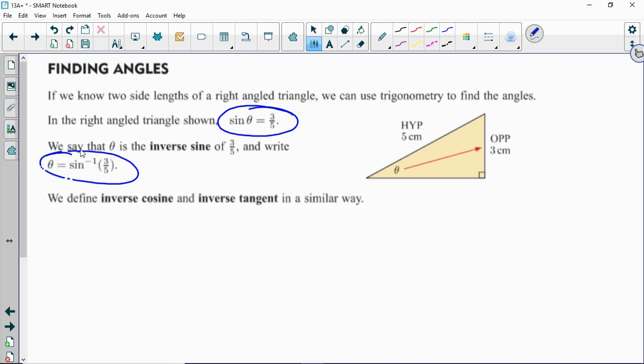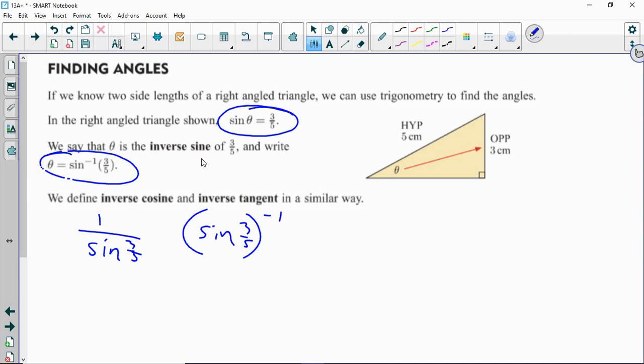Let's talk about this notation really quickly. That is not an exponent of -1. We will never write an exponent of -1 over a trig function. If I wanted to use an exponent of -1, I would just write 1 over the sine of 3/5. Maybe you'd see sine of 3/5 all in parentheses raised to the -1.